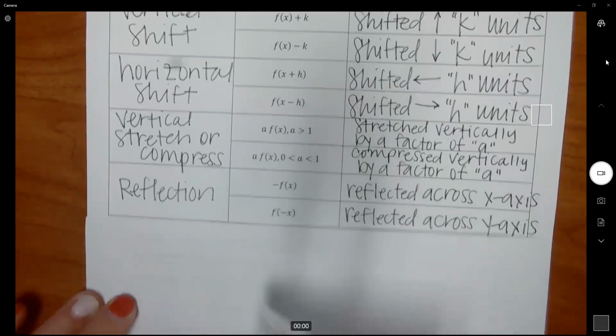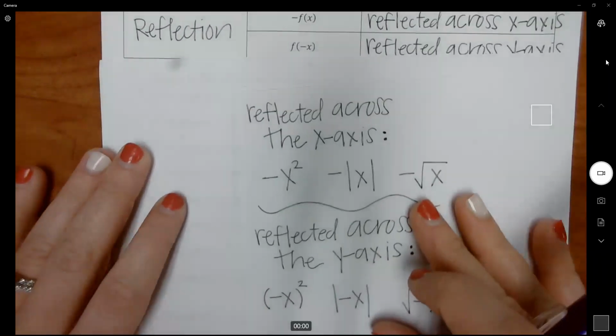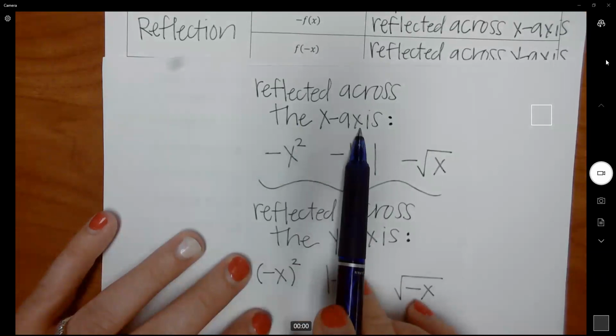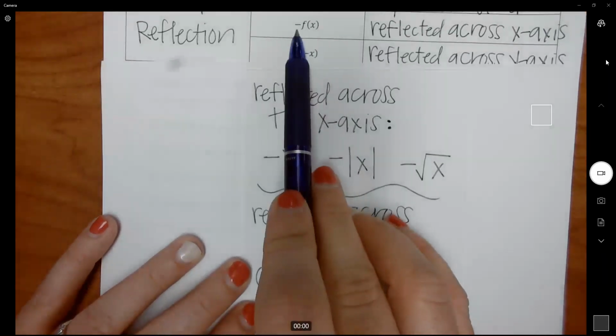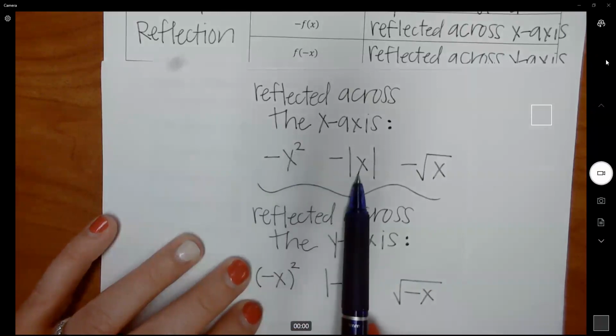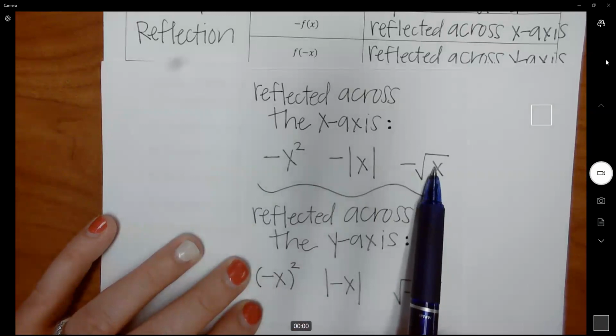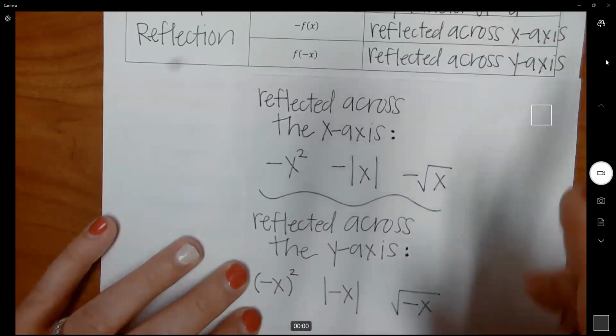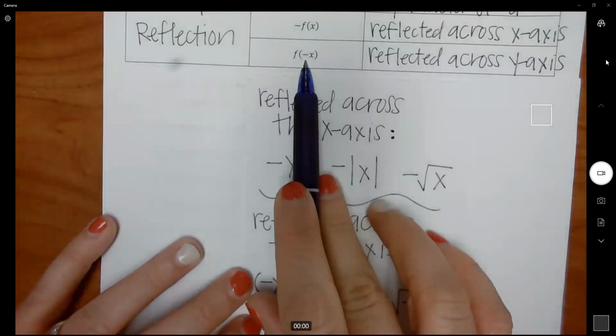So some examples of this are right here. You've got reflected across the x-axis when the negative is in front of the function. So negative x squared, negative absolute value of x, negative square root of x. It's reflecting across the y-axis when it is inside of your function.